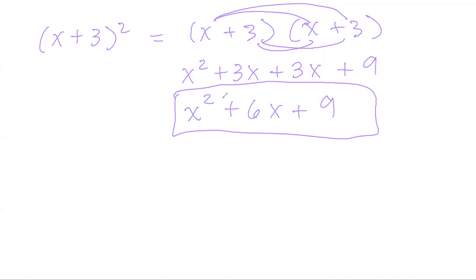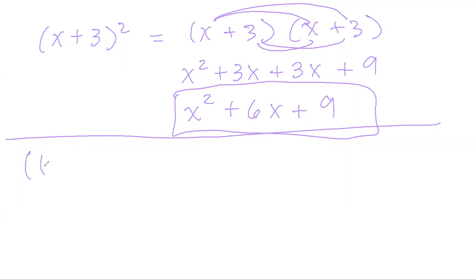There is a whole property or identity when it comes to this, but just for your learning's sake, I think it might be easier for you to remember, hey, I just need to FOIL it. But I definitely want to touch on that in case you're ever confused on what this is equivalent to, or how to multiply that, for example.